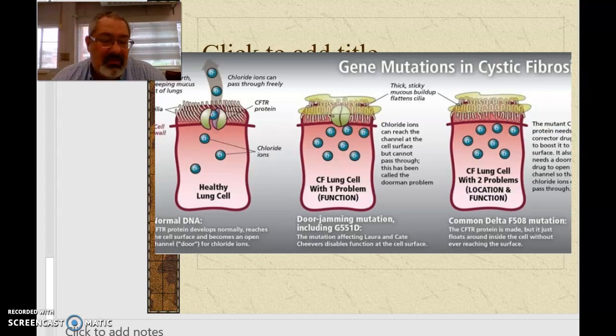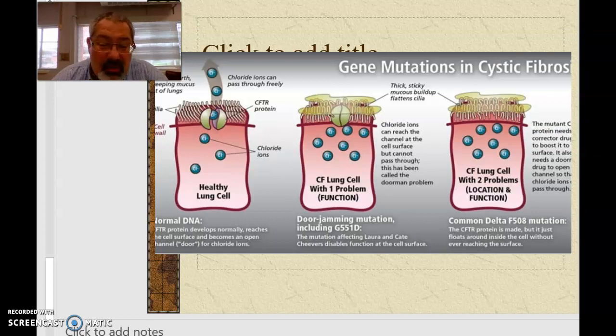Without this proper functioning protein, and you see there are two possibilities. Number one, the protein is formed, but it can't open and close to allow the chloride ions to be released from the lung cell. So the cilia do not function properly and thick mucus develops. The second mutation actually results in no protein forming at all.